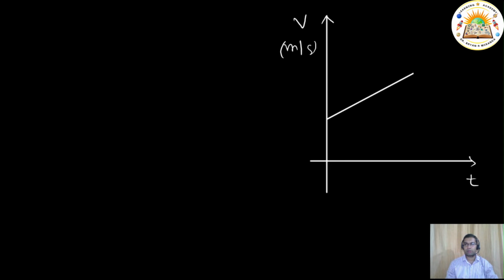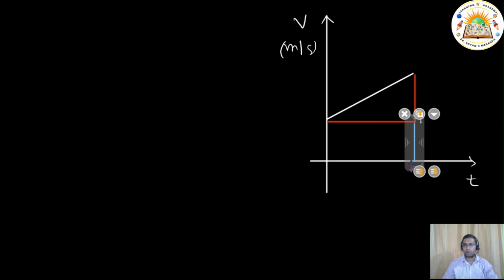For this, I will use two different colors. This forms my triangle here, and with the blue, I'm going to finish my rectangle. So this is my rectangle. The triangle is complete.